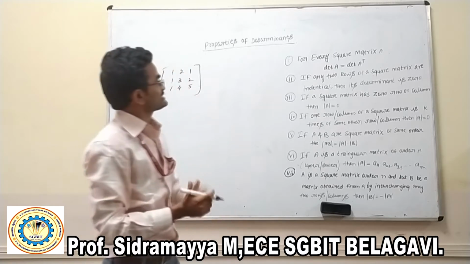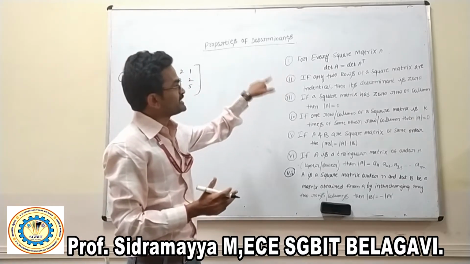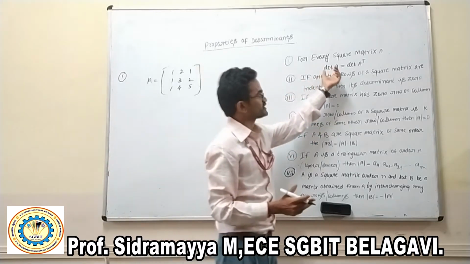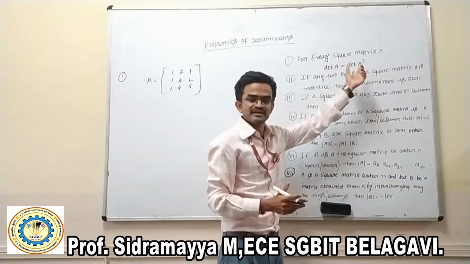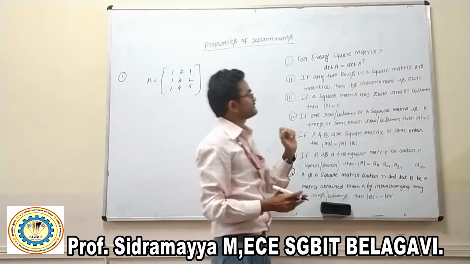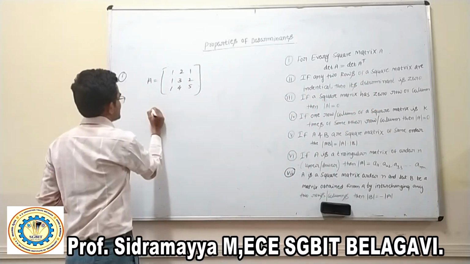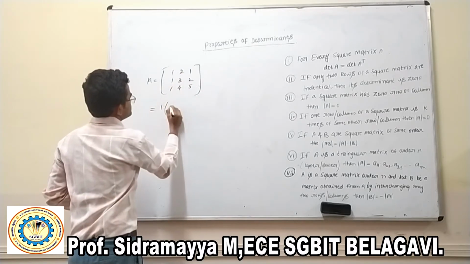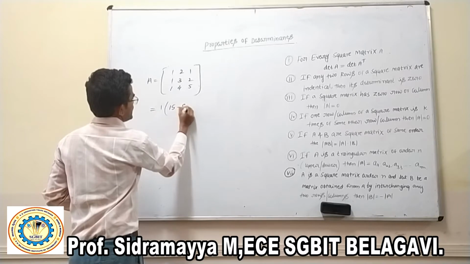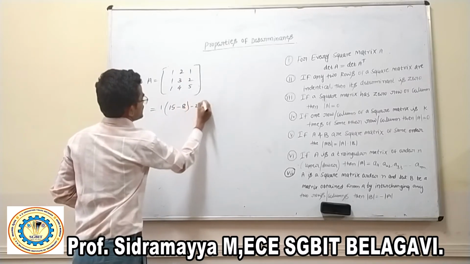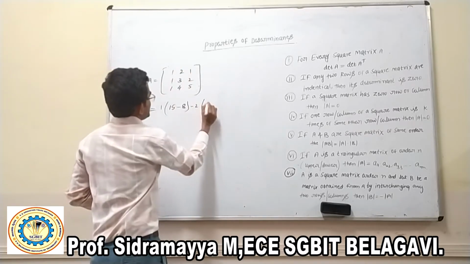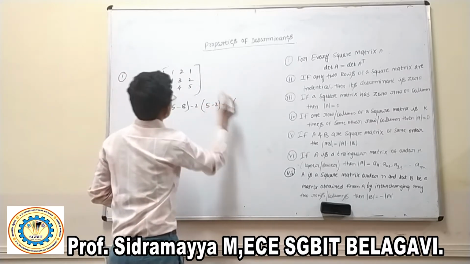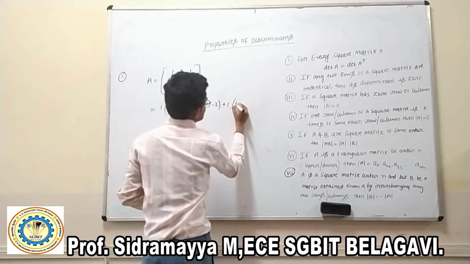What the property says is that for every square matrix A, determinant of A is equal to determinant of A transpose. First calculate the determinant of A, then calculate the determinant of A transpose, both should be equal. First I calculate the determinant of A. So 1 into (15 minus 8), minus 2 into (5 minus 2), plus 1 times (4 minus 3).